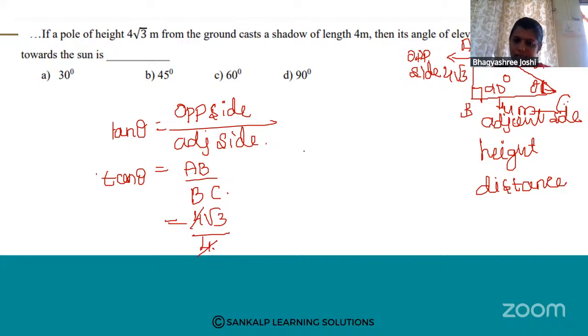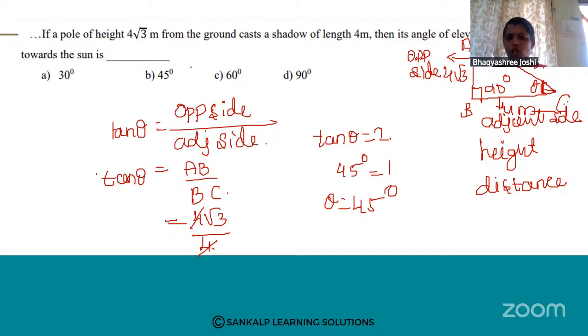So tan theta is equal to root 3? No: the speaker concludes tan theta is 1. For which value of theta is tan theta 1? That is 45 degree. So tan 45 degree is 1, which means theta is 45 degree here. Is it there in the options? Yes, it is. So option B is right, that is 45 degree.